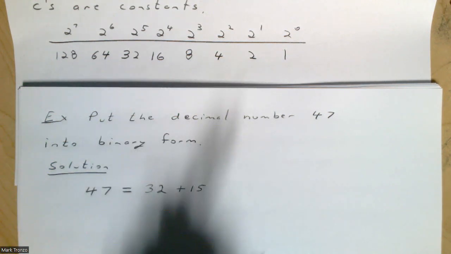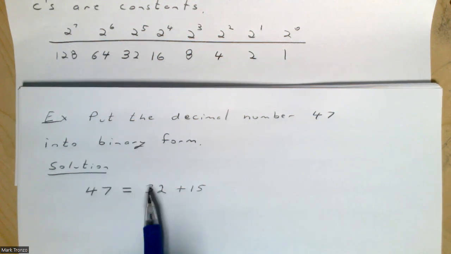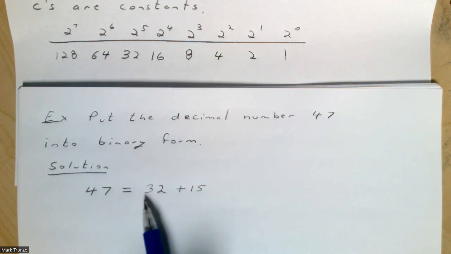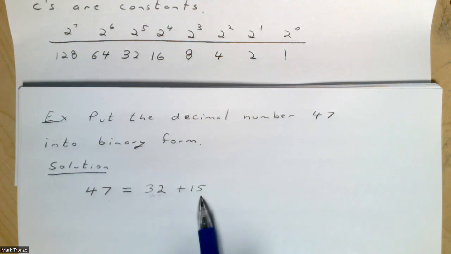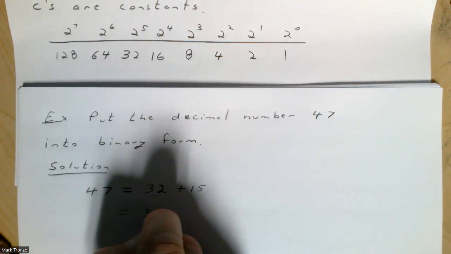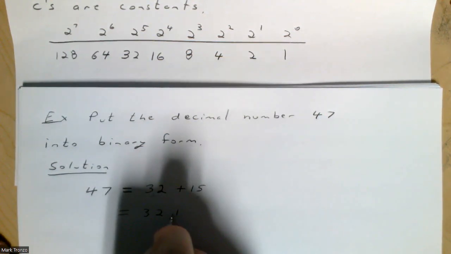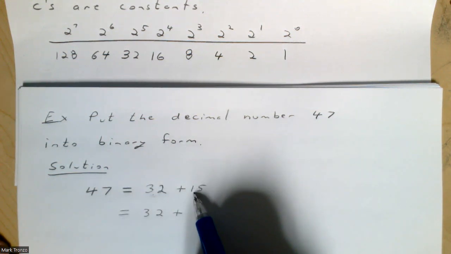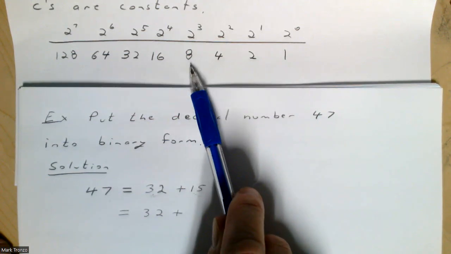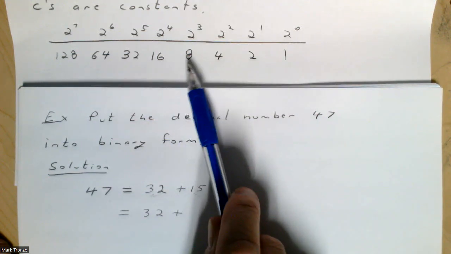So I took out the biggest power of 2 I could, and then added on whatever was left over. So this is the power of 2 now. So do the same thing with 15. On the next step, we're going to find what's the biggest power of 2 that we can take out of 15. Of course, if you look up here, 16 is bigger, so we can't take that out. So just below 15 is 8.